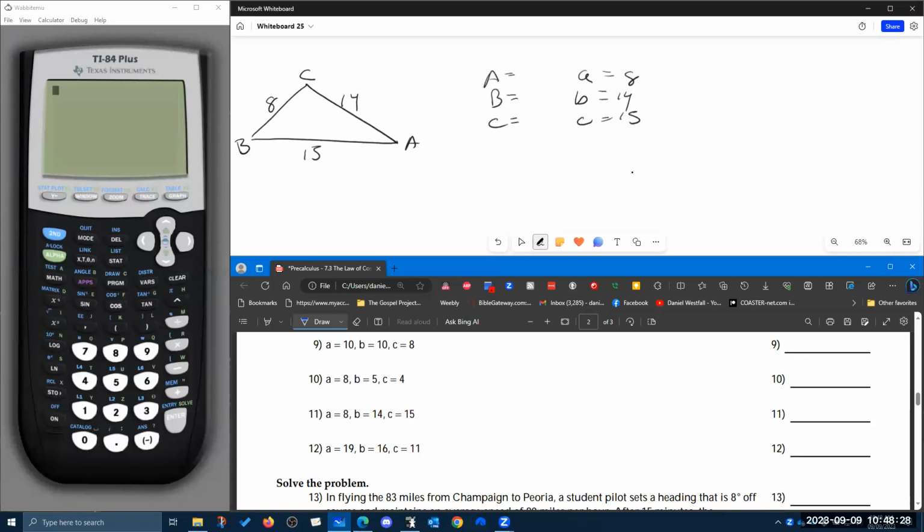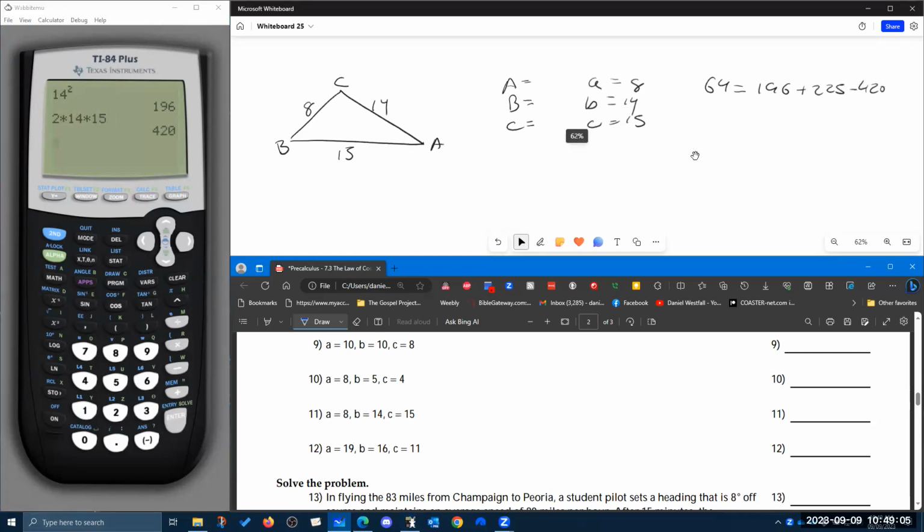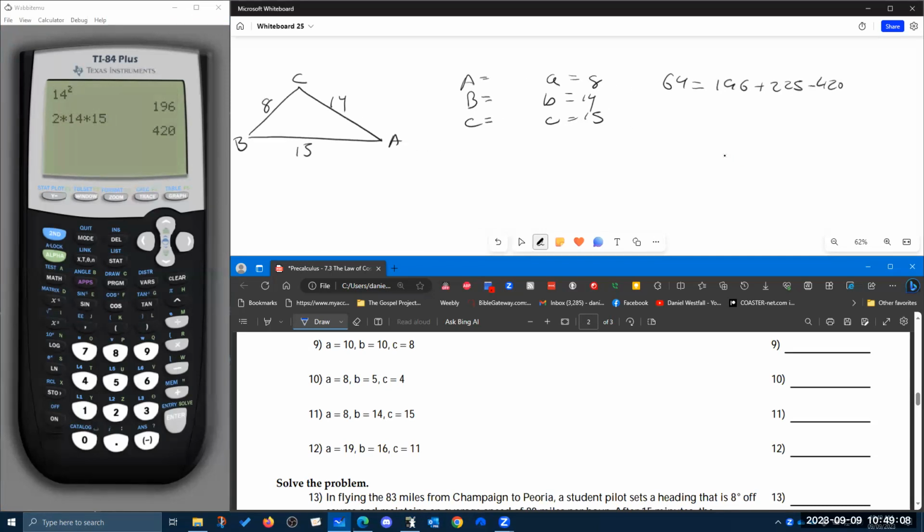So a squared equals b squared plus c squared minus 2bc cosine of a.